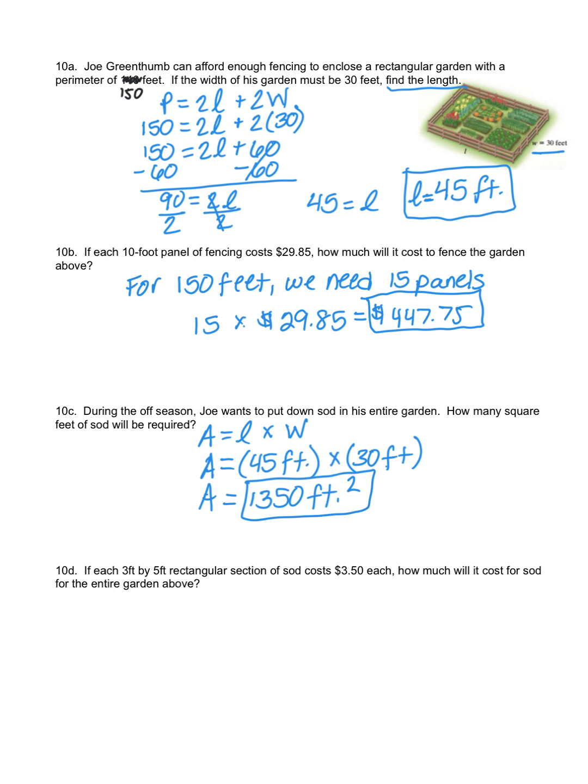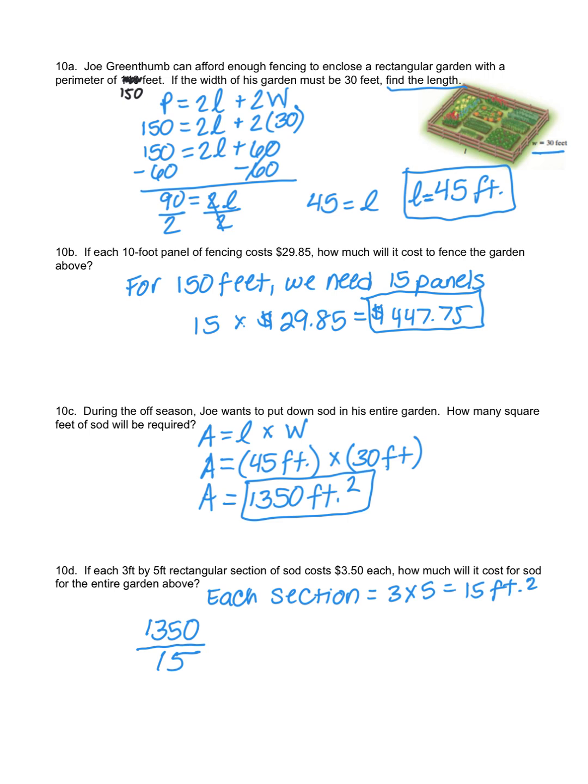So we can see right here that each section is 3 by 5 feet, which equals 15 feet squared. And we have 1350 feet, and we need to divide that by 15.